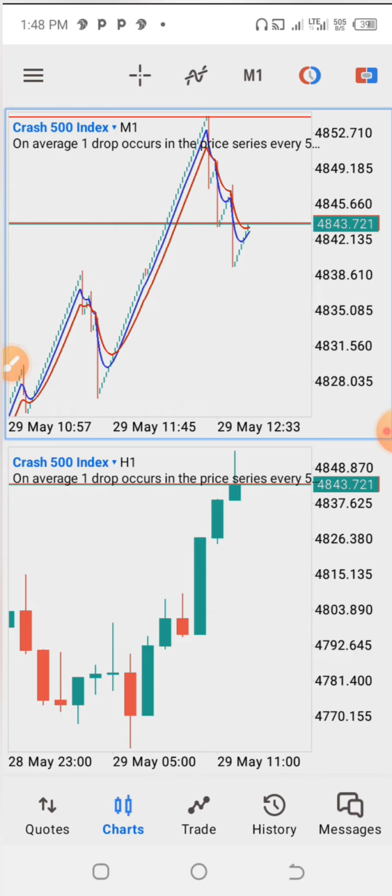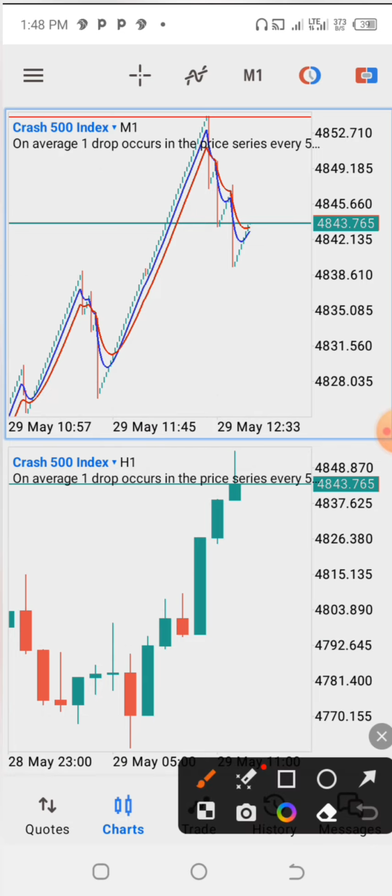What I mean is that as the market is going in this golden direction, you have this in your 1 hour time frame and you have this in your 1 minute time frame.